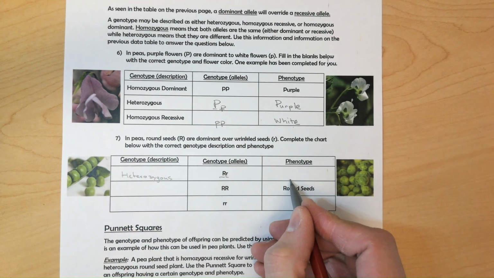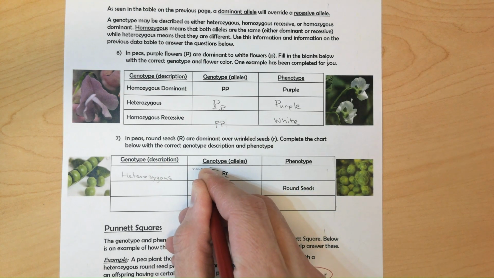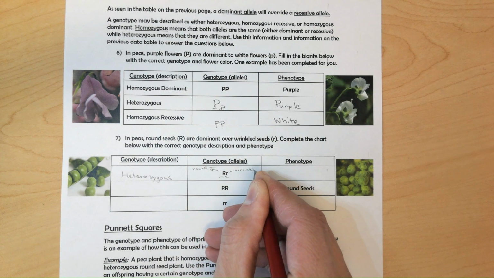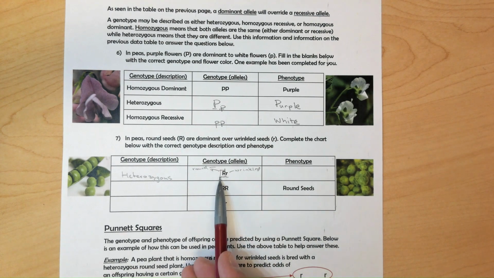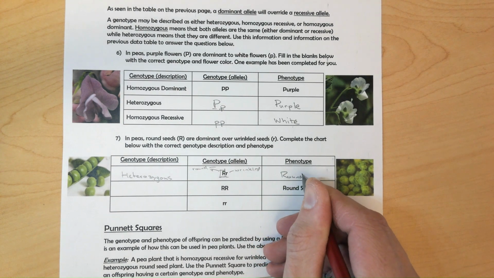And over here, we have to think about what the phenotype will be. Well, remember, big R is round, small r is wrinkled, but the big R is going to be dominant over that small r, so we end up with round seeds.